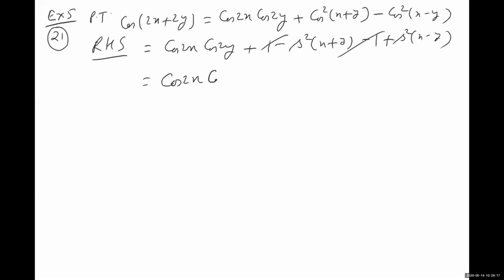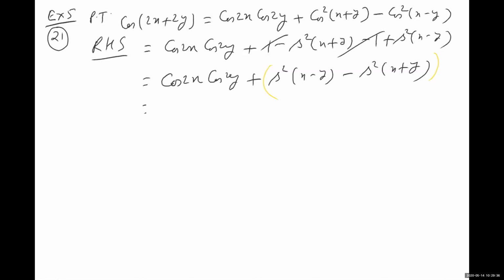Cos 2x cos 2y plus sin square x minus y minus sin square x plus y. Now use this sin square a minus sin square b formula. Sin square a minus sin square b is sin a plus b into sin a minus b.